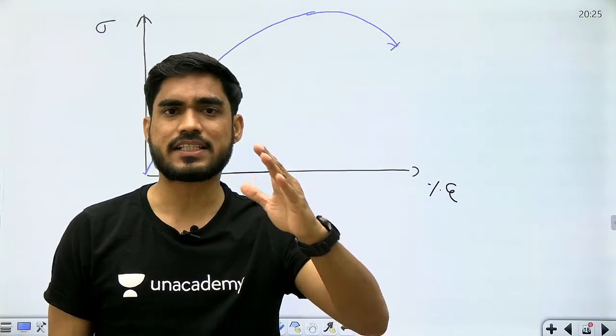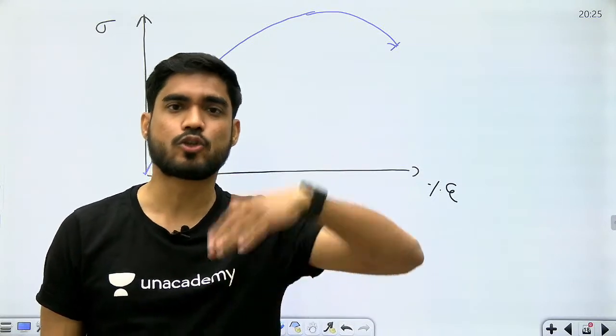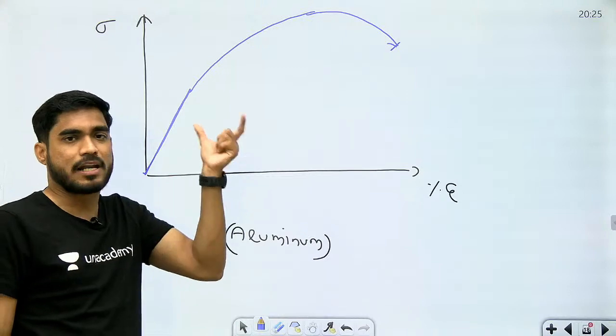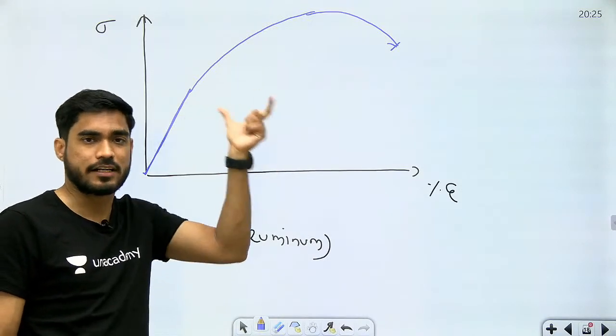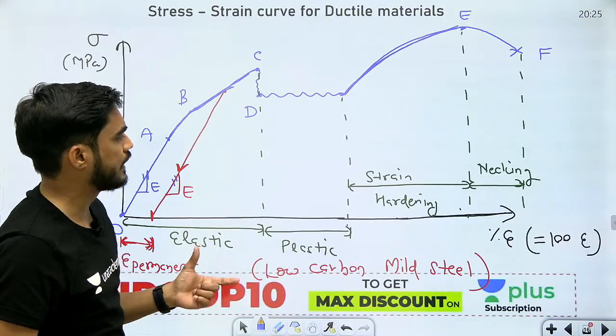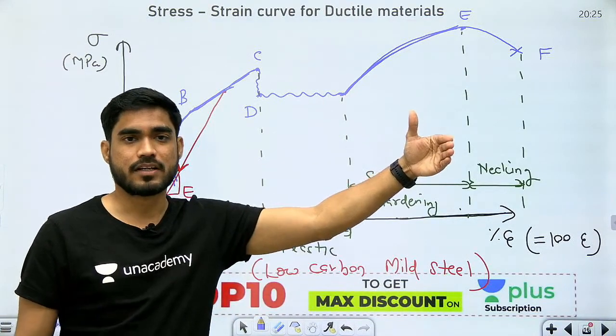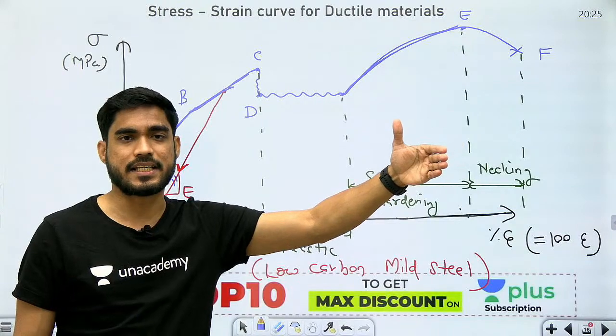There is a sudden change from elastic to plastic region. So that's why we are not getting a permanent deformation under constant load. There, the material was becoming elastic to plastic gradually. There was a gradual change.